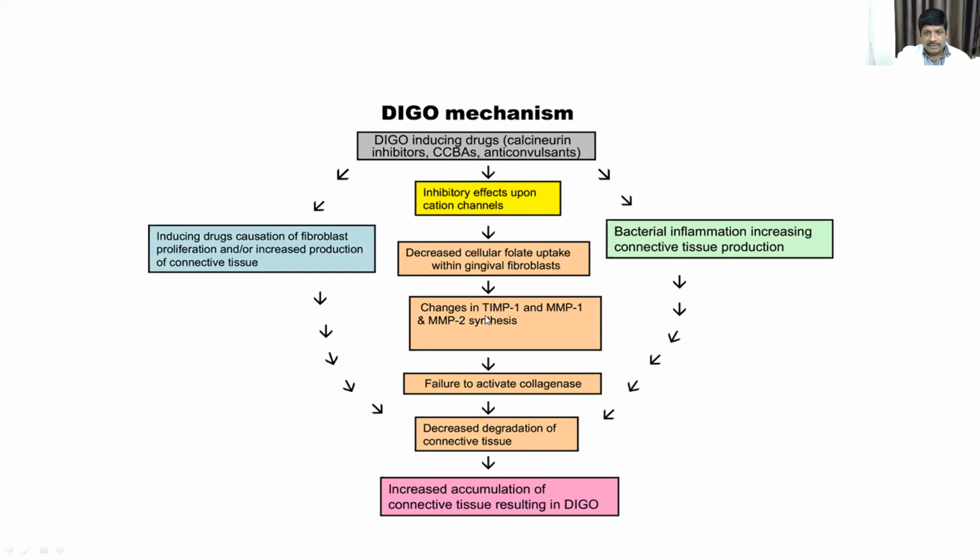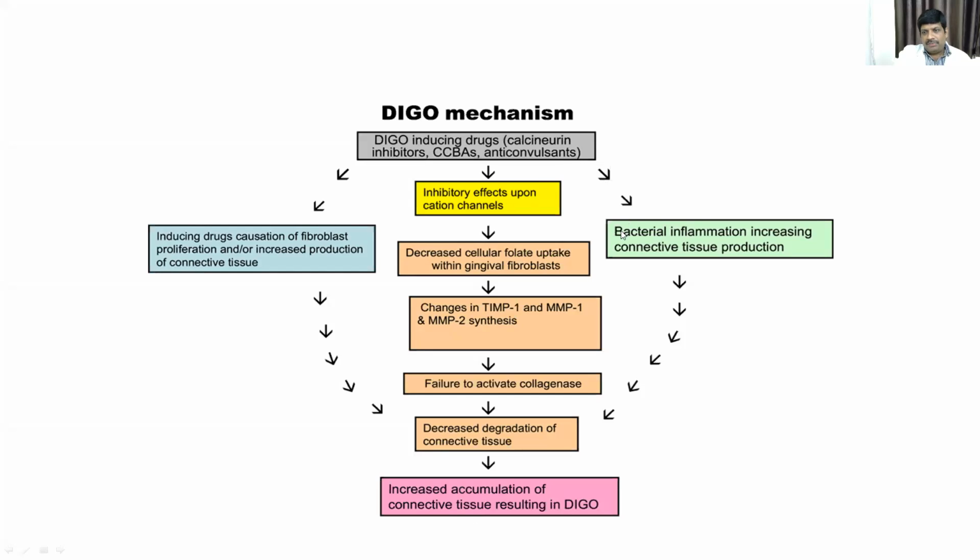Then changes in TIMP and MMP and MMP2 synthesis will cause failure to activate collagenases, and activation of collagenases does not happen. That means there will be decreased degradation of connective tissue, causing increased accumulation of connective tissue in the gums, and that causes gingival enlargement.